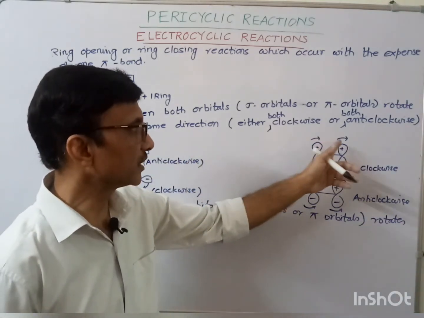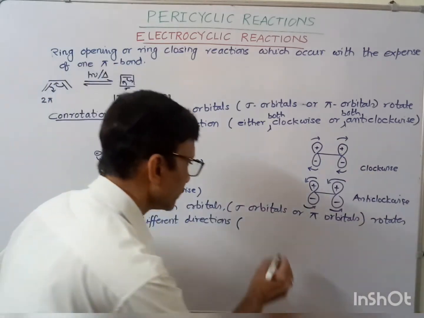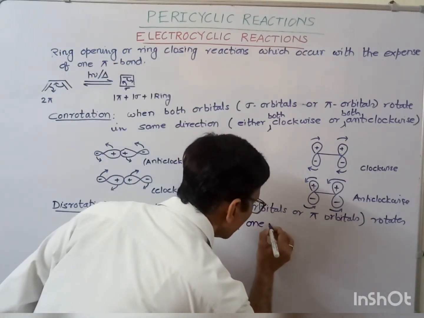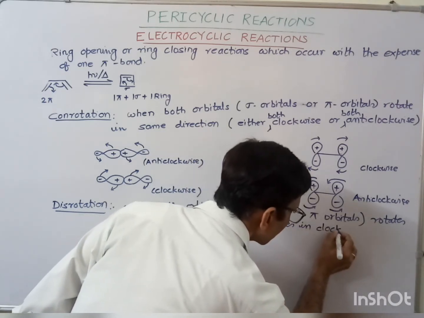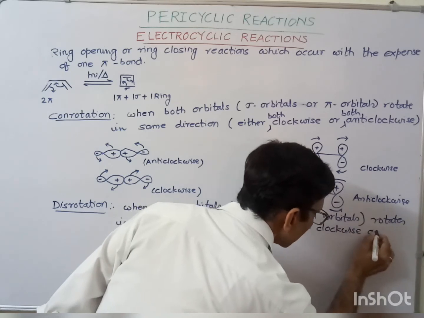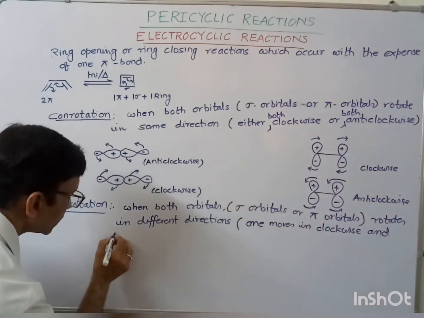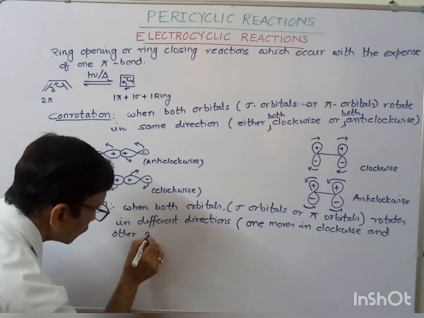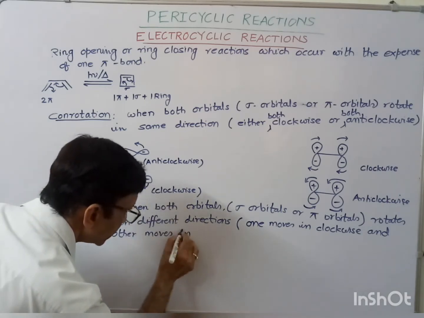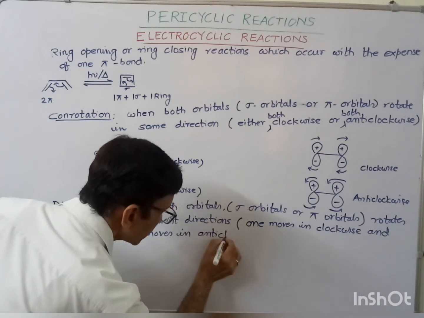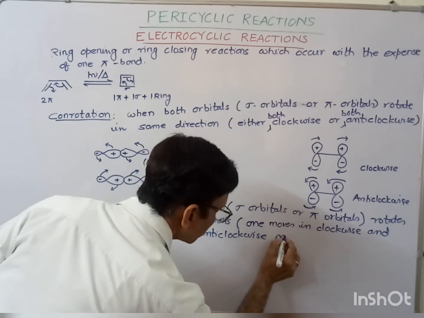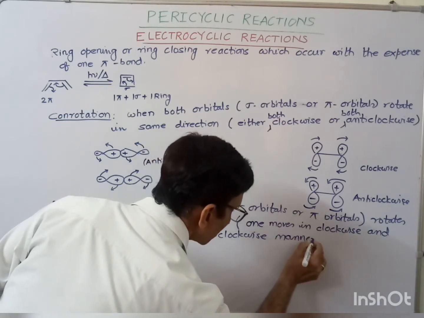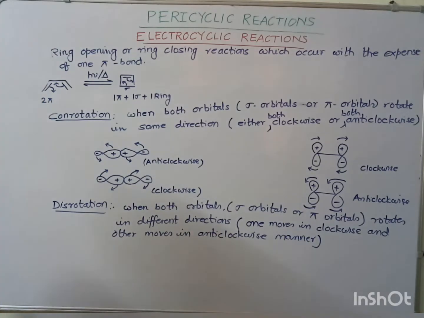One moves clockwise and the other moves anti-clockwise. Okay, this is called disrotation.